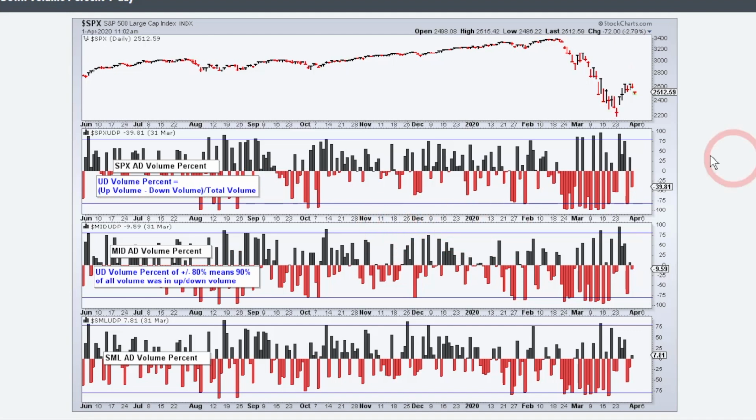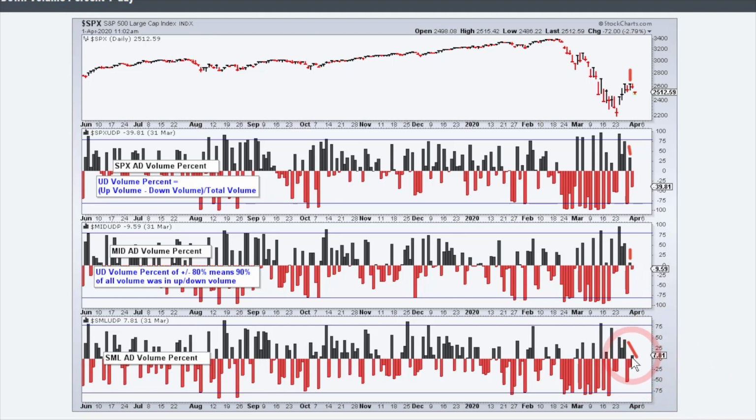So if we look at this indicator here, here's the S&P 500 advancing 3% on Monday, big move, but AD volume percent hit 34%. That's a very weak reading for a 3% advance. And if you look at mid-cap AD volume percent, it was even weaker, and small cap AD volume percent was actually negative.